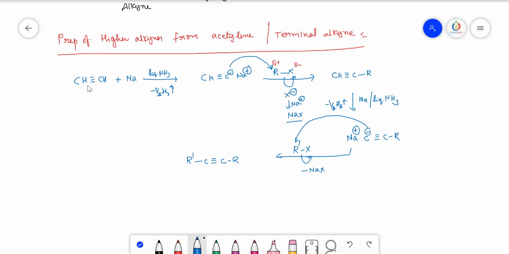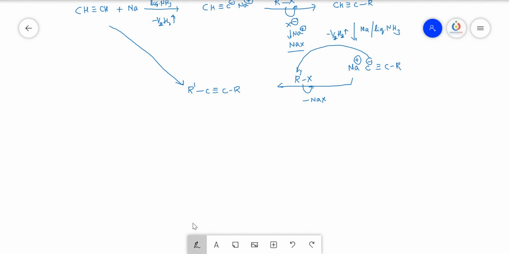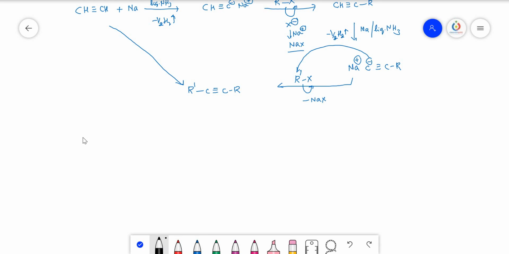Actually, we have started with a molecule with 2 carbon atoms, and we have prepared the higher alkyne, having more carbon atoms. Now, what happens if you take CH3Cl? I will take 2 different molecules here just to see. I am writing all these reagents at a time: sodium, liquid ammonia.